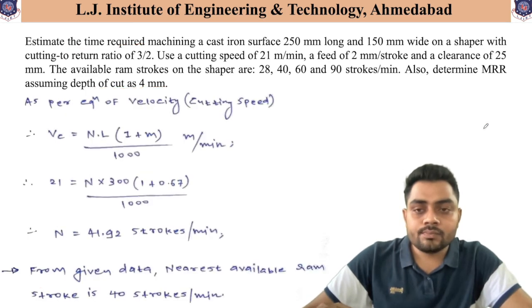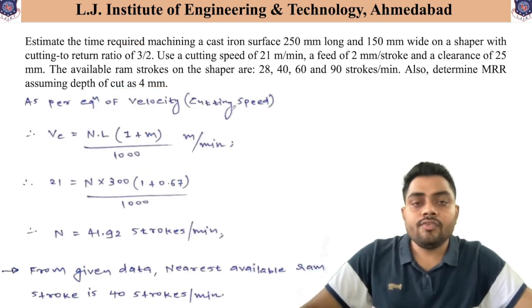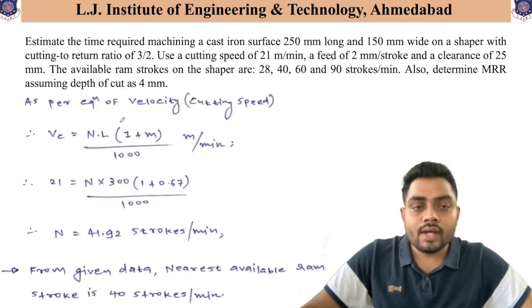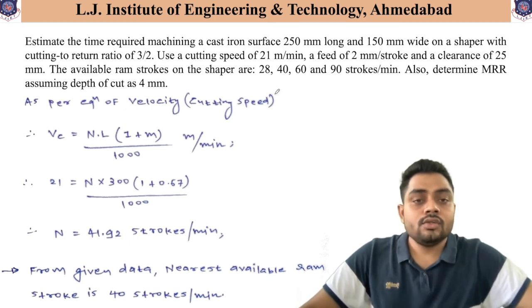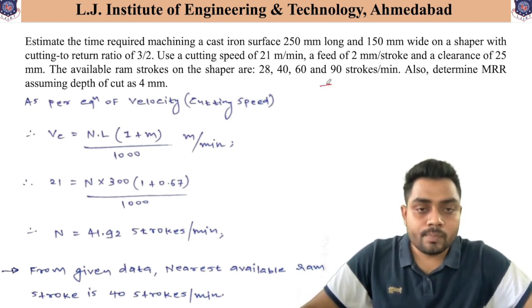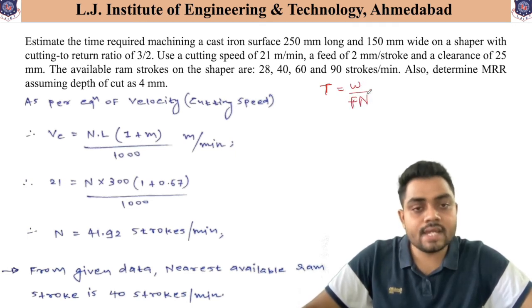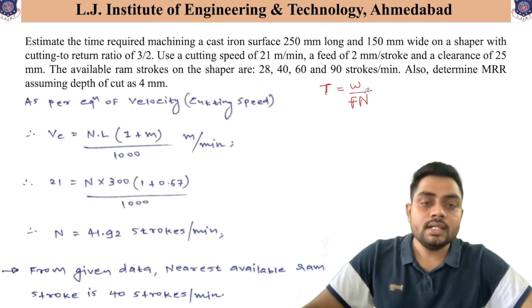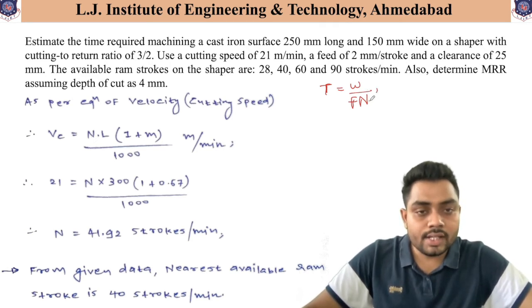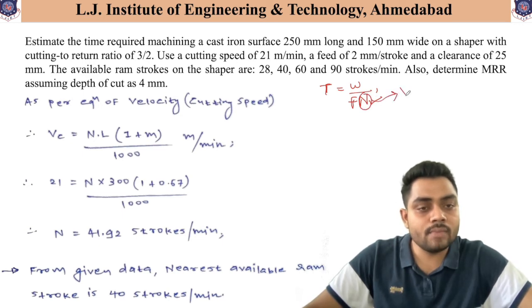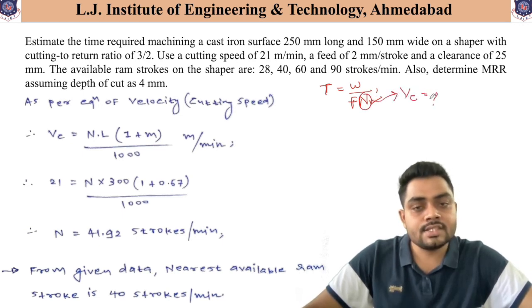Next, we will find the value of N, because we know that to find the machining time, the standard equation available for the case of the shaper machine is F divided by N, right? So here we need to find the value of N, and we can find it easily using the equation of the cutting speed.